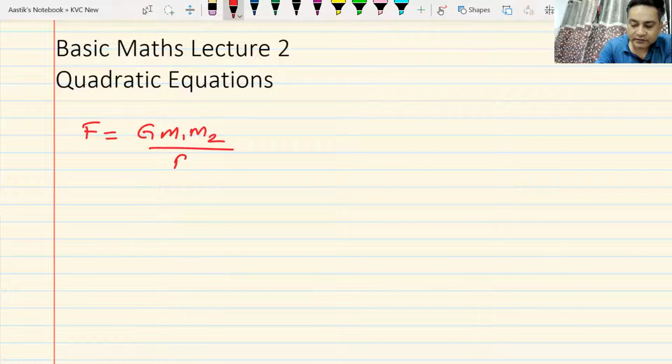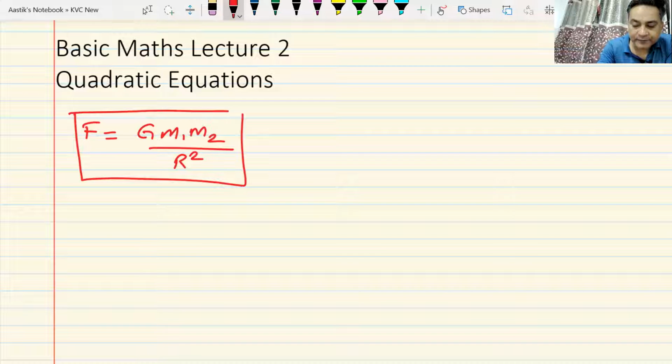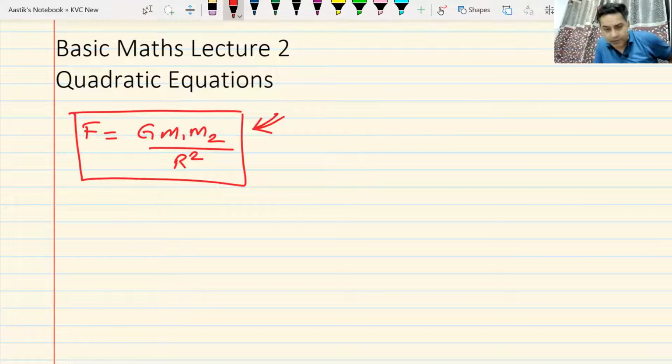Physics can get you to this position where you have a law, an equation, or a formula. But as soon as I write this formula, it becomes maths. And if this formula becomes maths, it can only be solved by maths. Mathematics is the universal language.